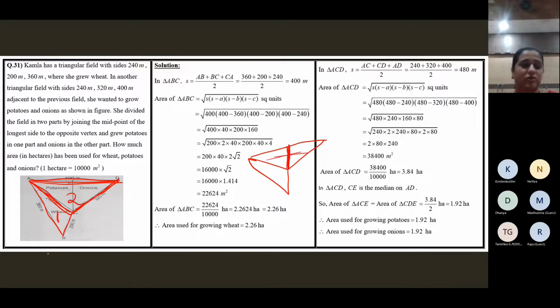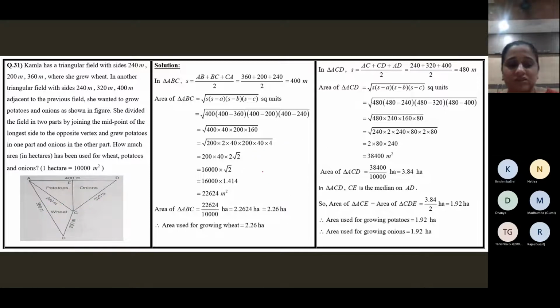So just look out for these two triangles. This is the first field where she grows wheat, and adjacent to this one there is another triangular field. Here you can see a line segment running through the triangle. We'll talk about that later.